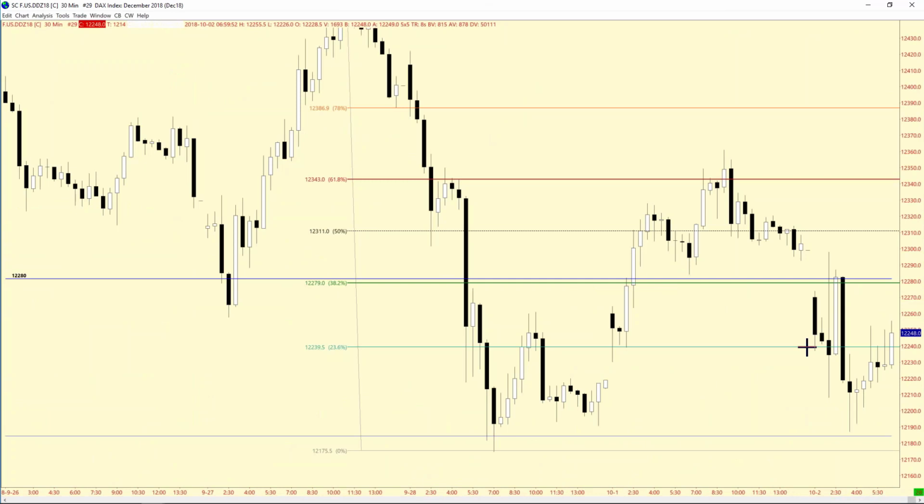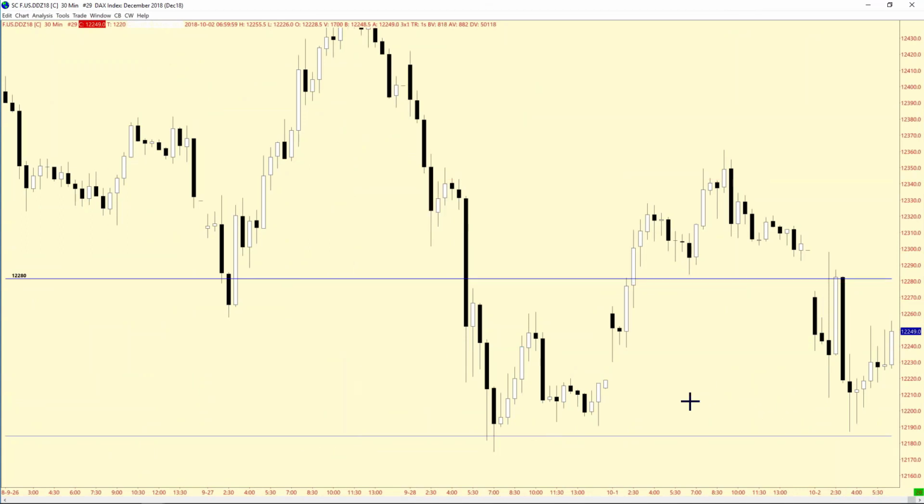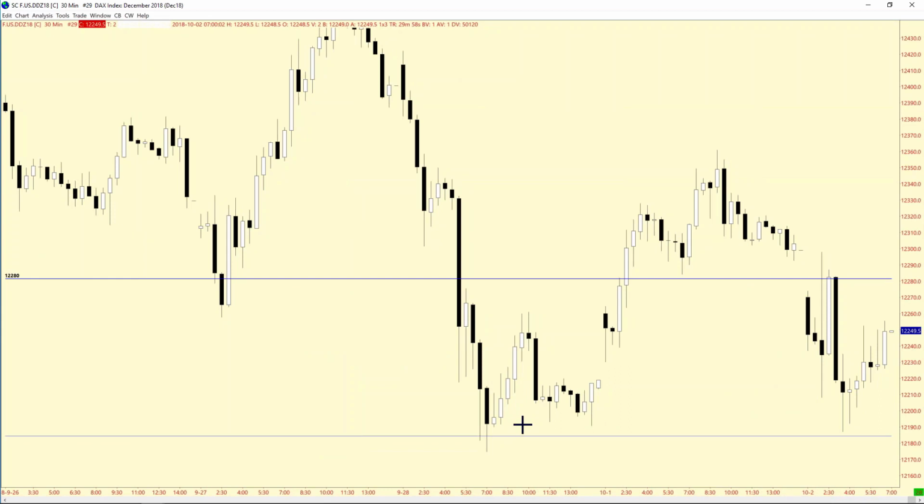Well, obviously the Italian news weighed here on the DAX, so we took it for a pretty good little pummel. Same thing here. We're just looking at the body touches, and you can see it came right down here, this 191. So that's support now. If we were to break, we'd come in right there with this body close, 12,211.